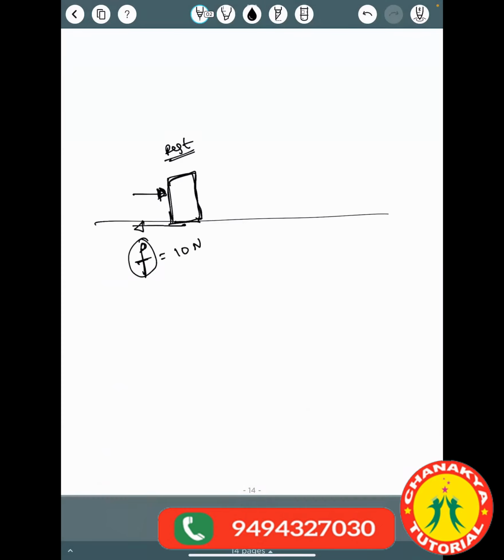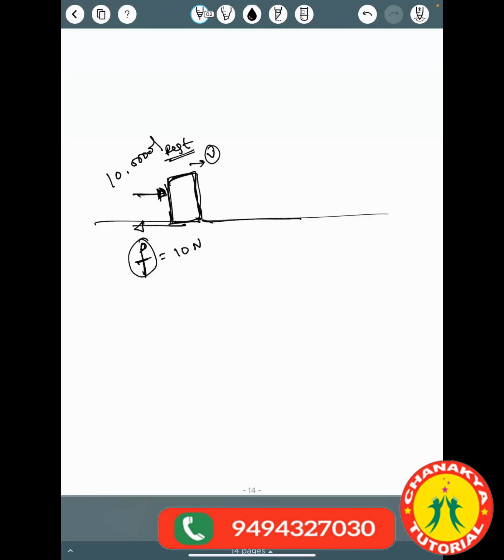Now I will apply a force of 10.00001, and it will start moving with some velocity, right?